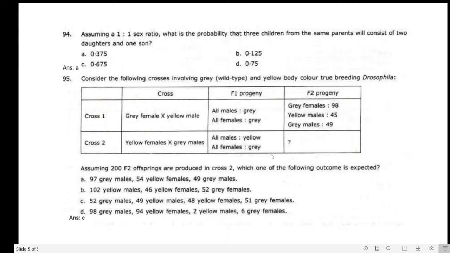So in this output we should have 4 groups: gray female, gray male, yellow female, yellow male. We want to select these 4 groups. So we eliminate the first 2 options. We get the third and fourth, that is the C and D answers.